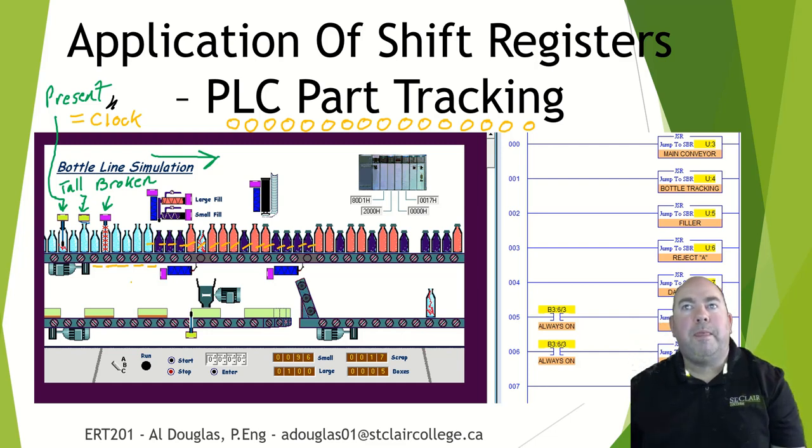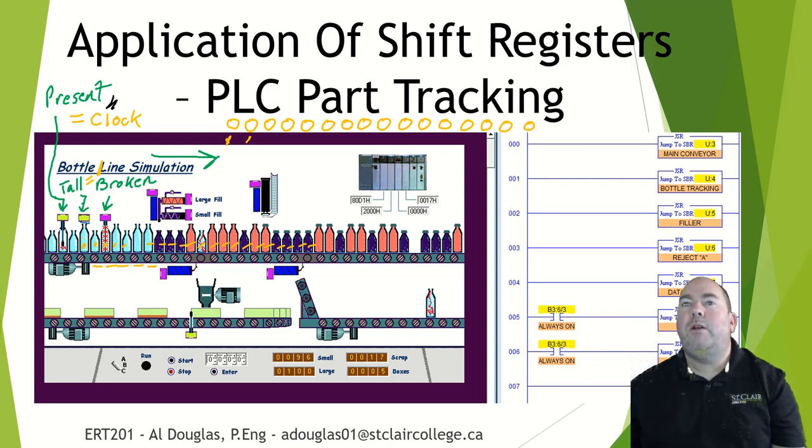So first thing we do is we track whether bottles are tall or short. So this is basically our 0 point, or right here. This is our next point, right here. This is our next point. This is our next point. This is our next point. So this tall is going to be equal to a 1 at that point here.